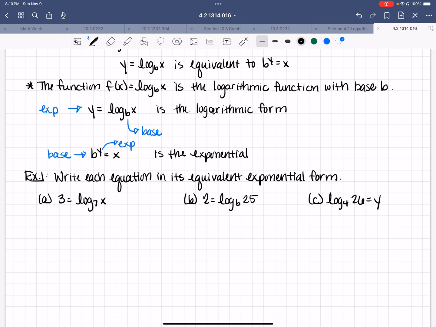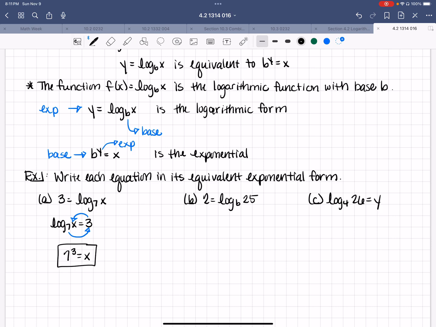So guys, this is easier, in my opinion, if you rewrite it as log base 7 of x equals 3. Then we're going to take this 7 and raise it to the third power, and it will equal x. So this becomes 7 to the third power equals x in the equivalent exponential form.